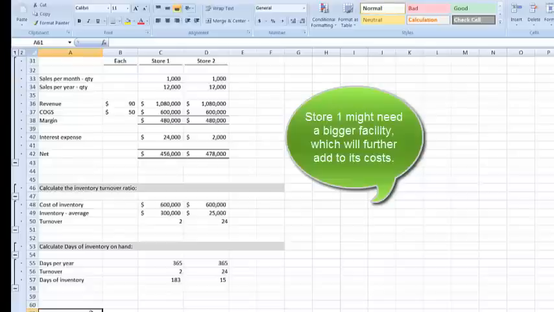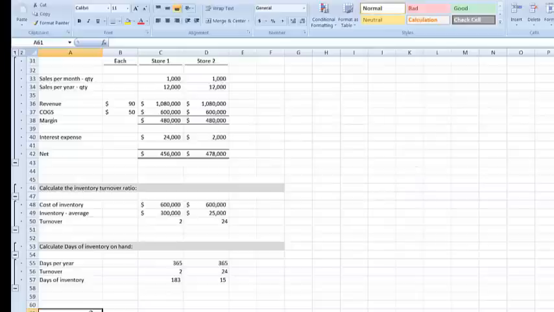Store 2, on the other hand, needs less space. Presumably they have less expensive rent or other costs for physical facilities. So store 1 is at a disadvantage there. But store 2 is at a disadvantage too, potentially, because carrying a lower inventory means there is a higher likelihood that store 2 could be out of stock.